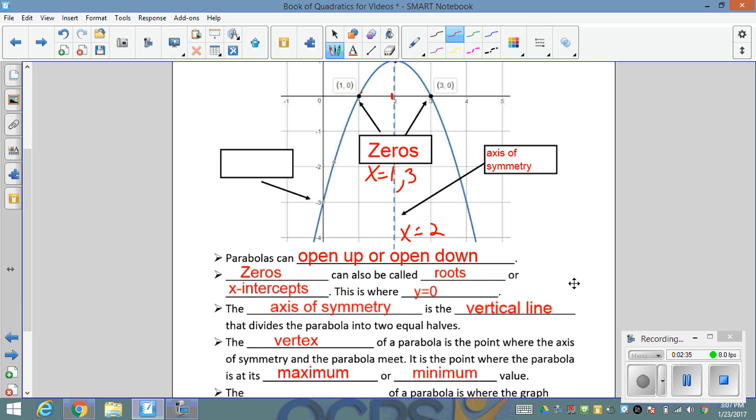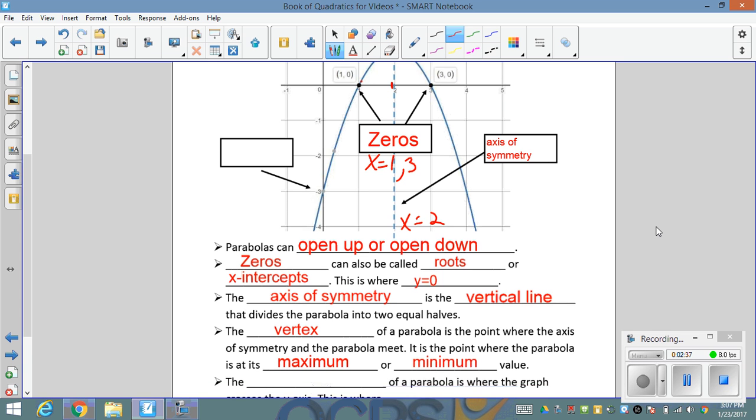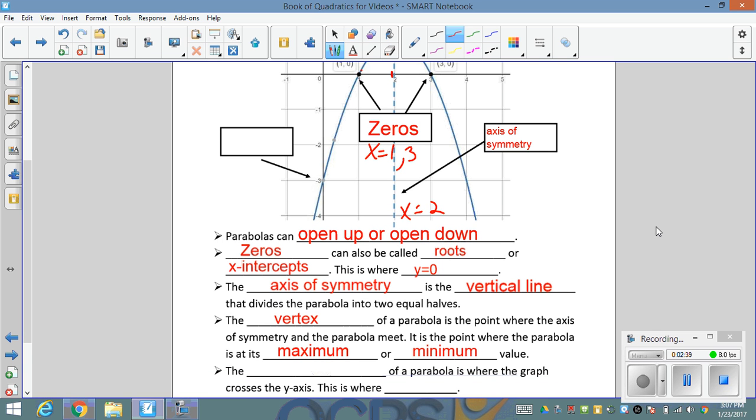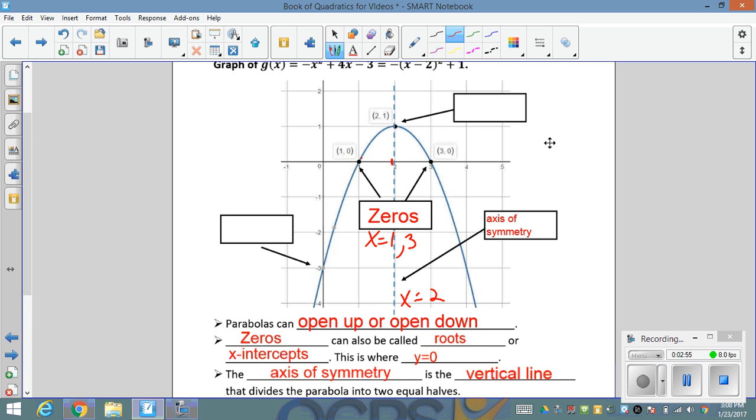Our next definition is vertex. This is one of our most important things. So when we're graphing, the vertex is usually the first thing we're going to try and find. And it is the point where the axis of symmetry and the parabola meet. It is also the point where the parabola is at its maximum or minimum value. So if we look up here on this graph, our vertex here is the point (2, 1).